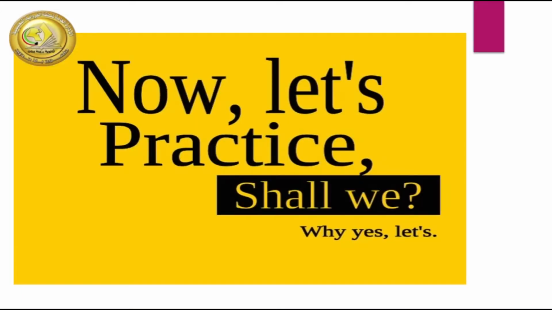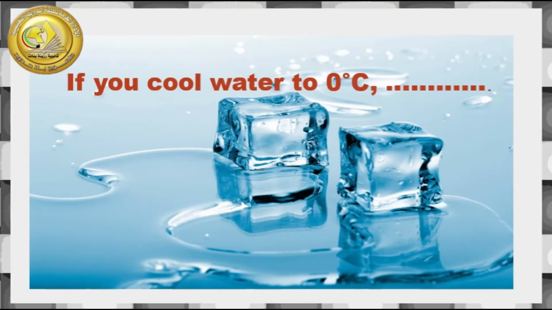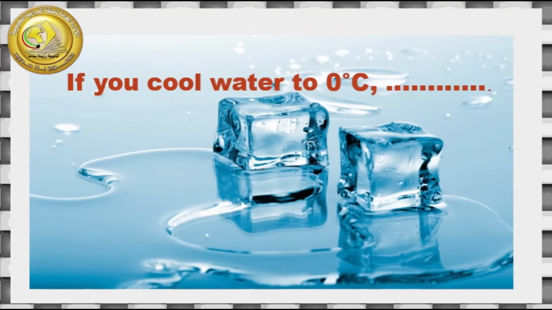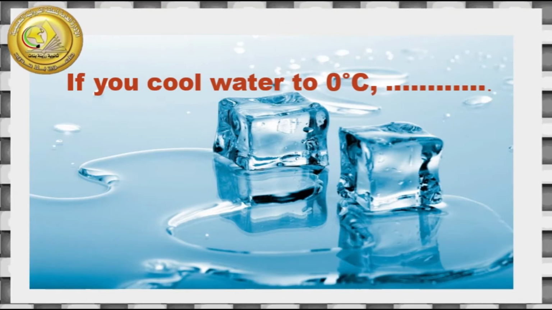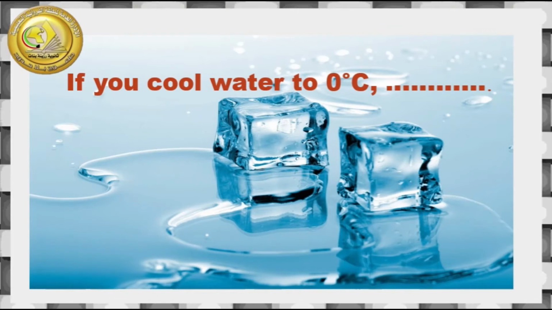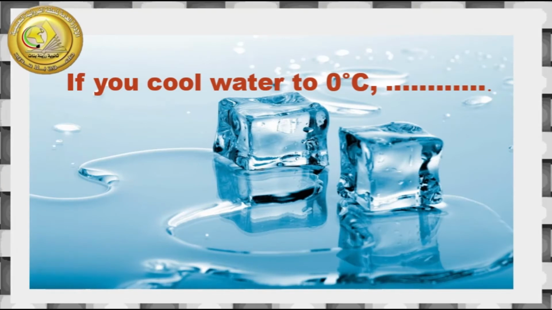Now, let's practice, shall we? Let's look at this example. If you cool water to 0 Celsius. Okay, how can we complete it? Try to think. If you cool water to 0 Celsius, it freezes.